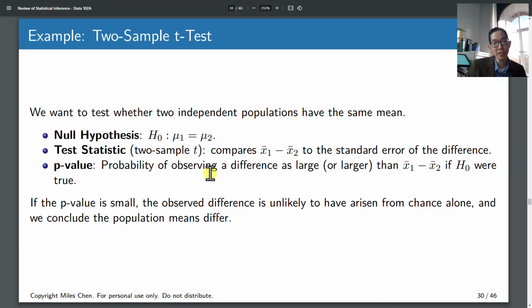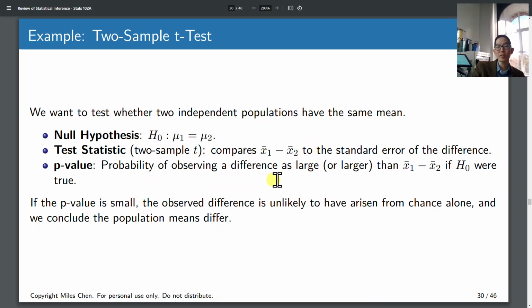Your test statistic compares the difference that you observed, your sample means, x bar 1 and x bar 2. We measure that difference and we compare it to the standard error, okay? Get a ratio. And then we calculate the p-value.